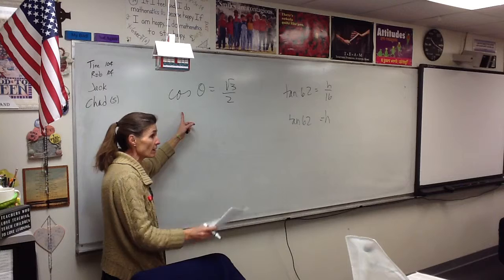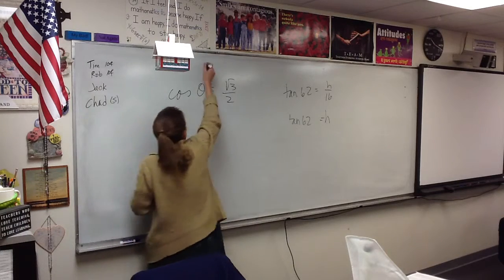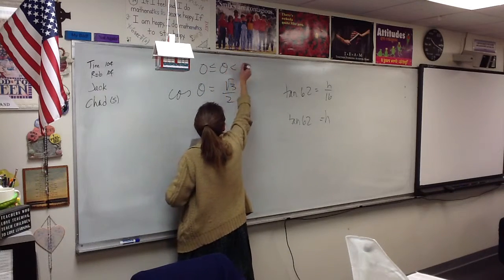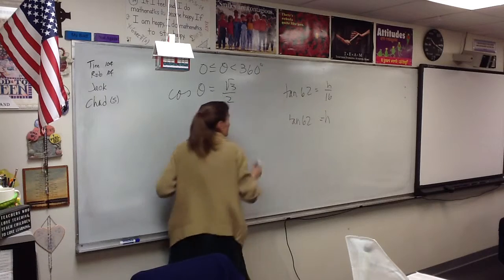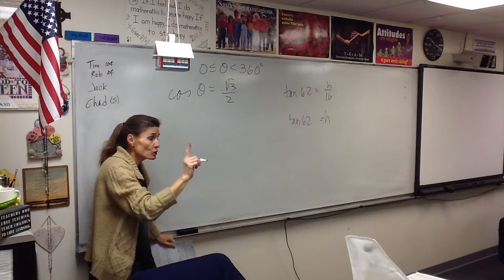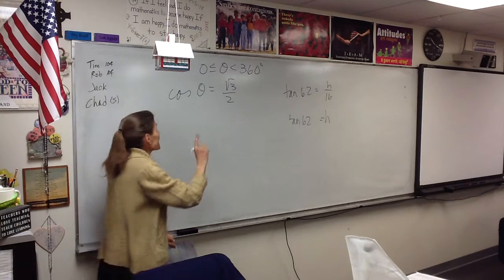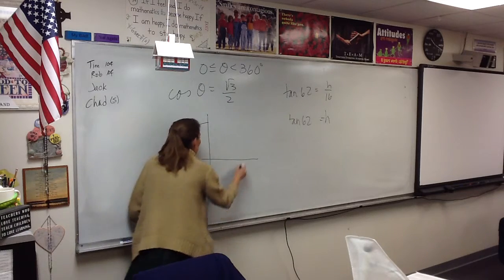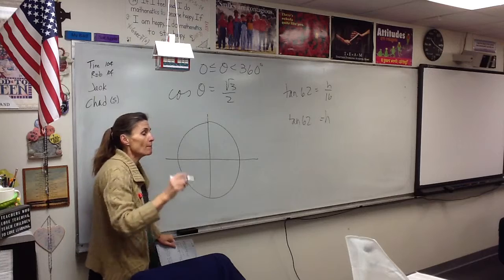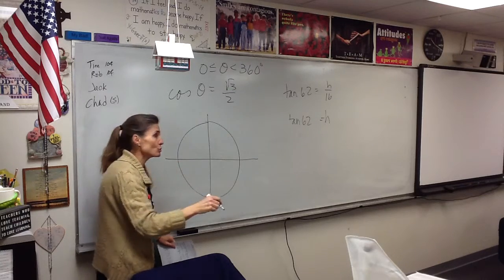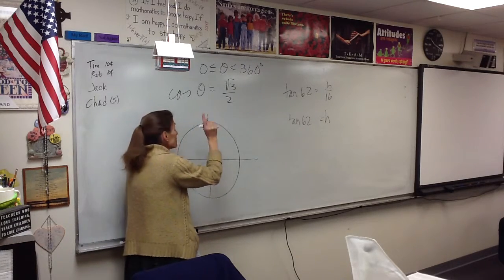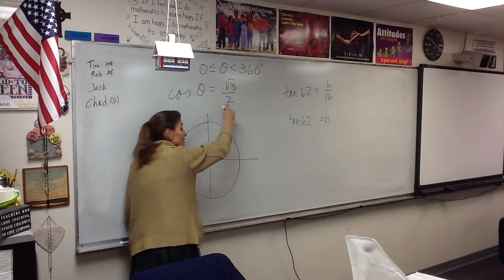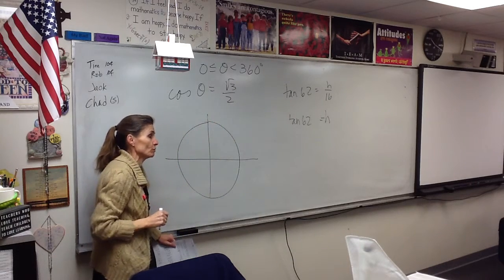But this is no calculator. So your job is to find any angle in the whole circle that when you draw the triangle, the cosine would be root 3 over 2.